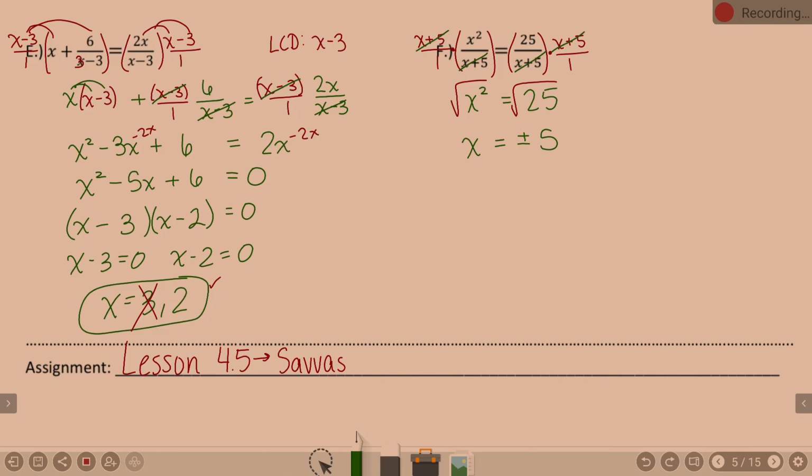Some of you are going to argue we didn't really need to say the minus, Mrs. Sargent, because -5 doesn't work. So I get it. However, it's a good opportunity for me to remind you, don't forget the plus or minus, because it can matter at times. So does it work? 5 works, -5 does not, because -5 plus 5 would give you 0.